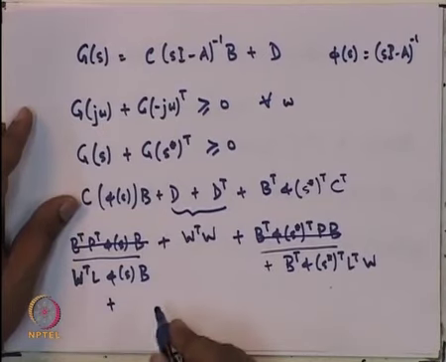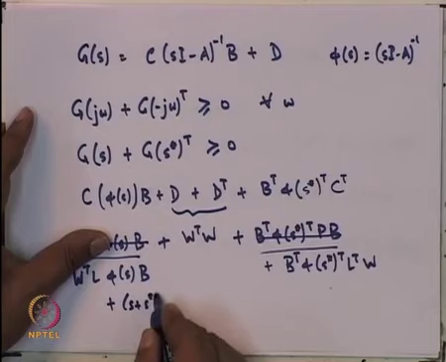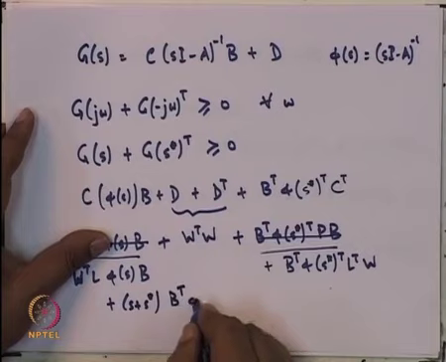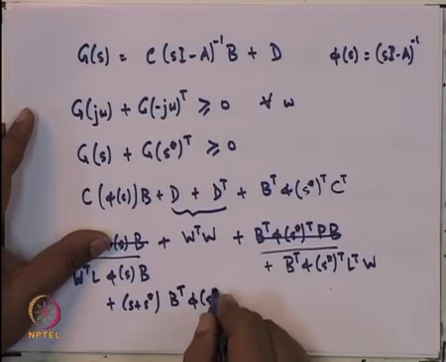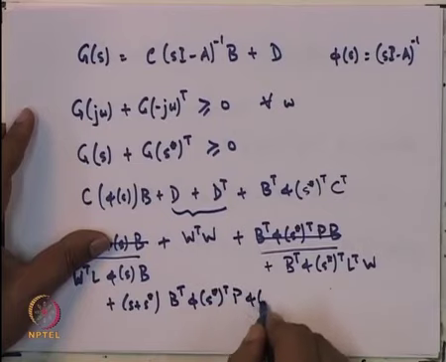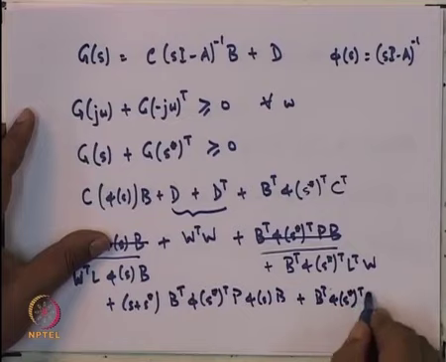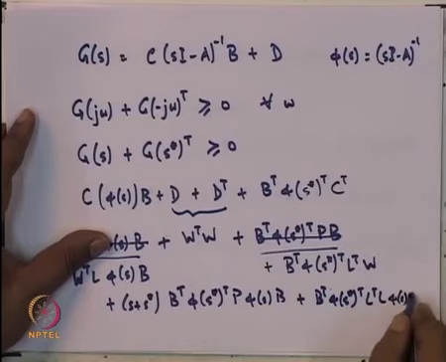They are S plus S star times B transpose phi S star transpose P phi S B, that's the one term, and the other term is B transpose phi S star transpose L transpose L phi S B.